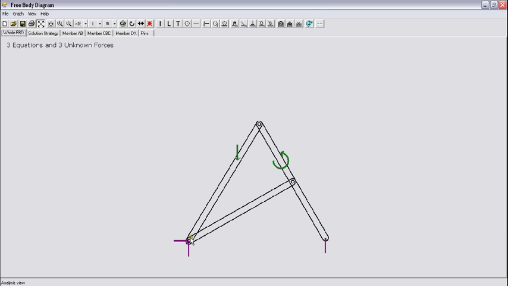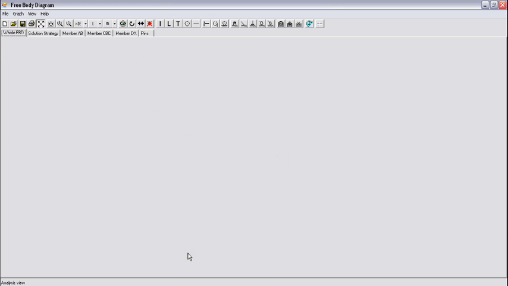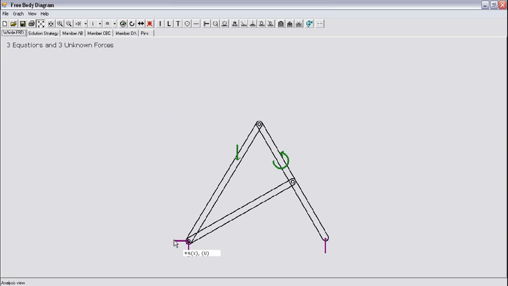Because at pin A more than two things are happening. There is a member AB, thing number one, member AD, thing number two, and AY, AX, which are coming from the support. That is thing number three.